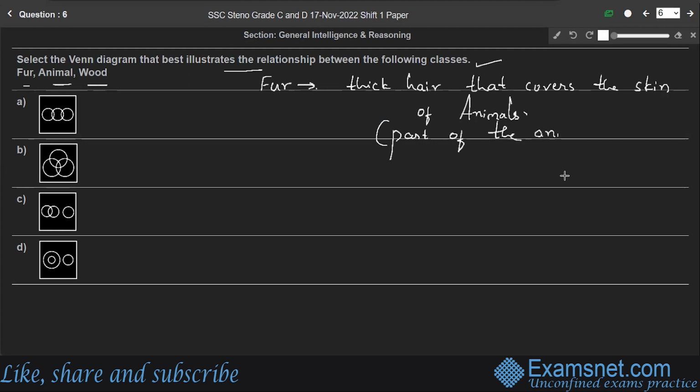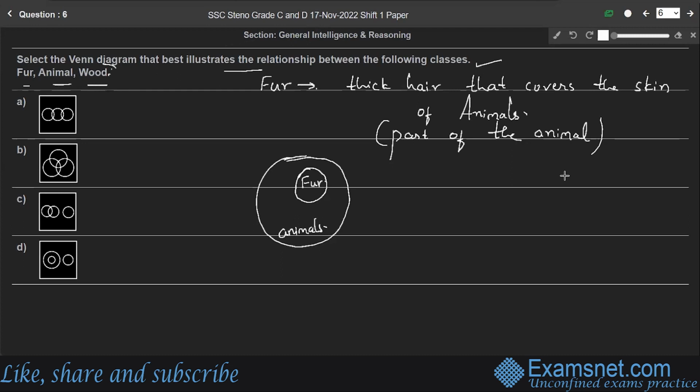Therefore, if you consider the set of animals, one of its parts is fur. So the set of fur should be included in the set of animals. Whereas the third category is wood.